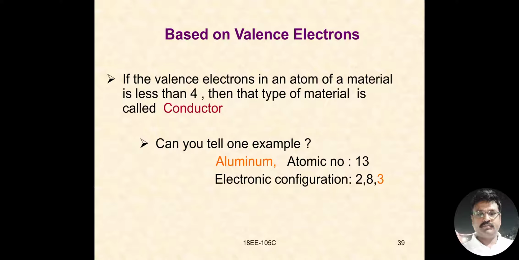So we can classify this material as a conductor. So this aluminum is classified as conductor based on valence electrons.